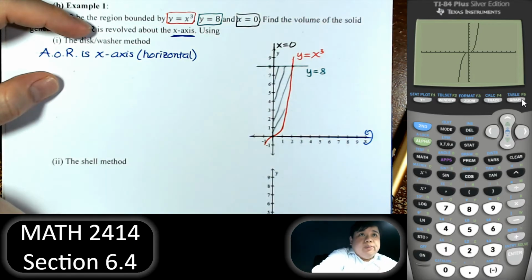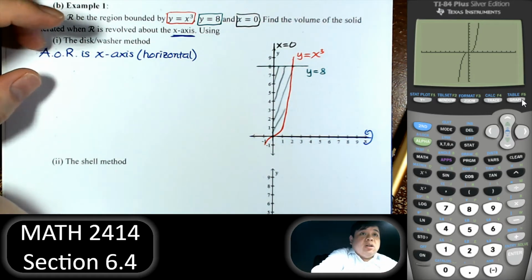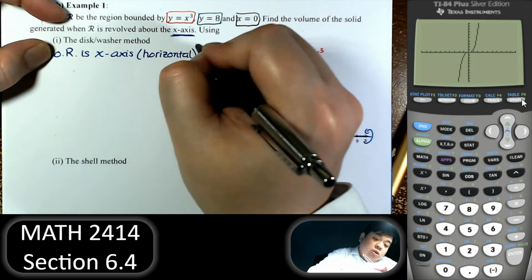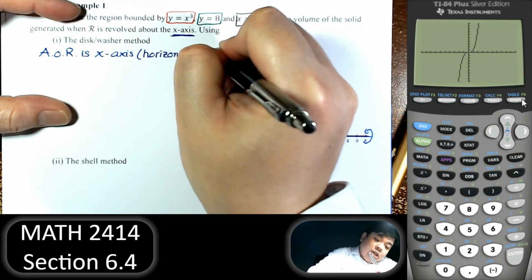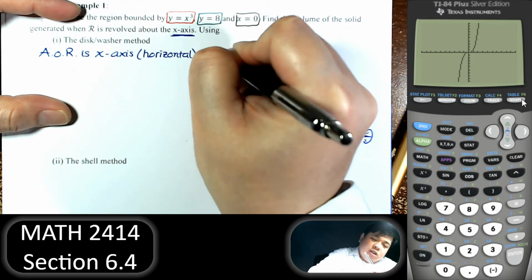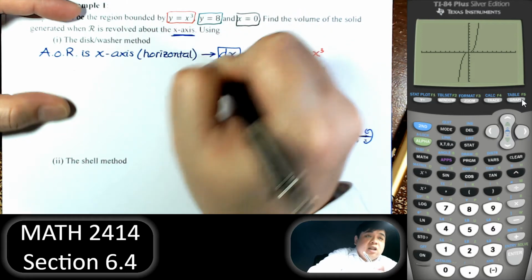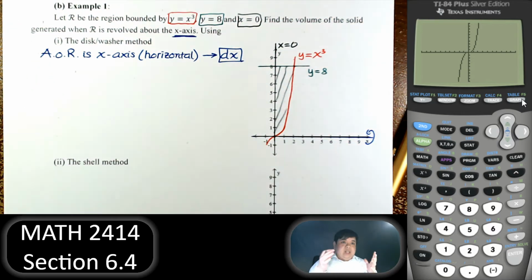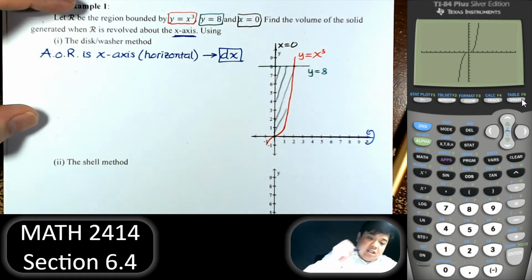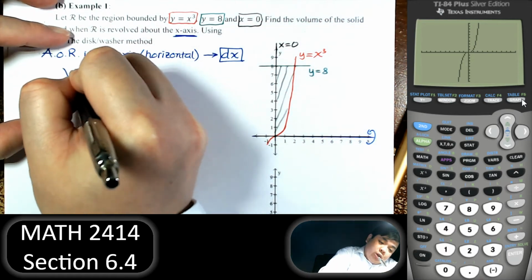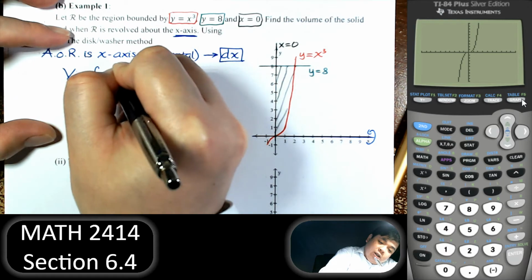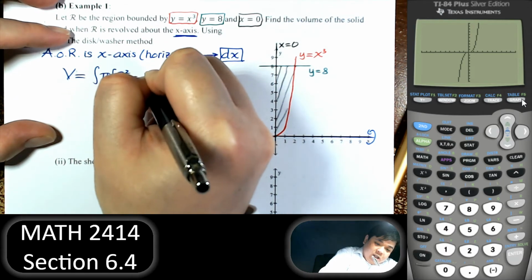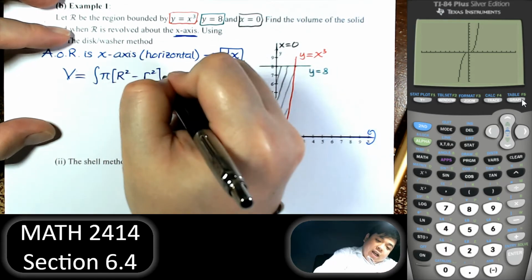So with the washer method, the increment is also horizontal, meaning that we're going to use dx. That's the first thing we determine, whether it's dx or dy, because we need to base all the functions in terms of x or y. In this case dx. So we know for sure it's pi R squared minus little r squared, and that will be dx.